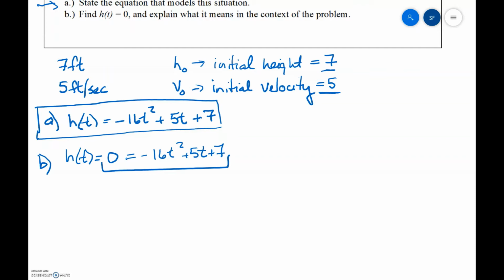We have to solve this. For a linear equation, we would say, get the variable by itself. But because we have this t squared term, that throws a lot of stuff off, and we cannot just isolate t. It turns out that there are lots of different ways of solving this. The way we're going to use is the quadratic formula.